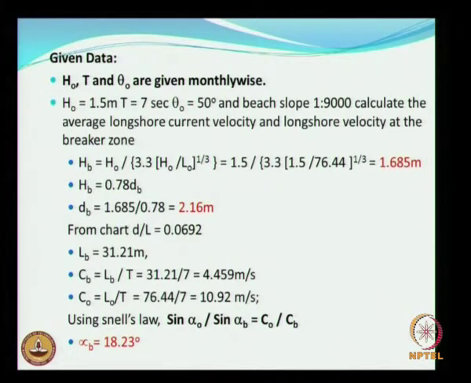Thereafter you get dB, the breaker depth, as 2.16 meters. Then get into the wave tables and derive the value of d by L corresponding to d by L naught, and this will be the d by L for this particular dB, and then you will get the wavelength in the zone of wave breaking. Is that clear?